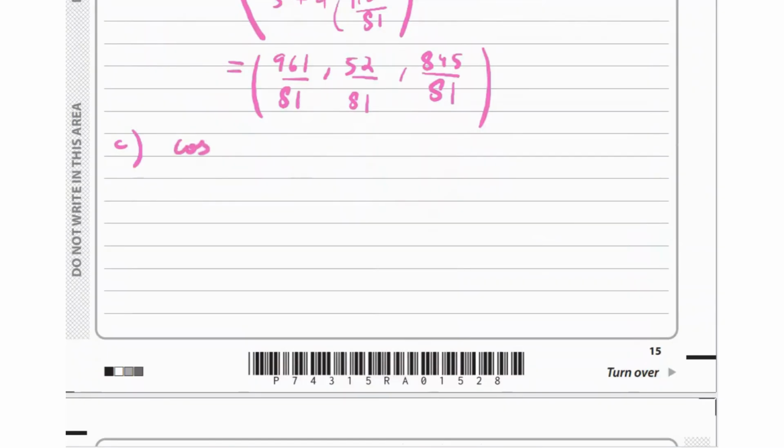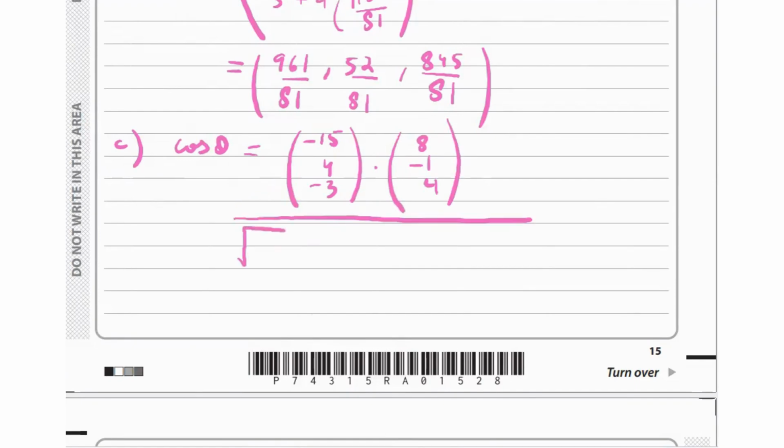So cos theta is going to be equal to the dot product divided by the product of the magnitudes of the two position vectors. So (-15, 4, -3) and then (8, -1, 4). Always use position vectors in these formulas. So the square root of -15 squared plus 4 squared plus -3 squared, times the square root of 8 squared plus -1 squared plus 4 squared.